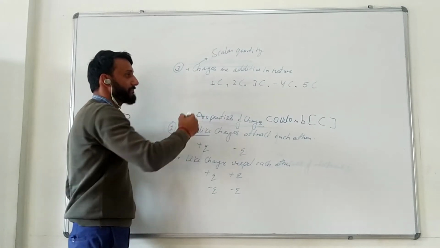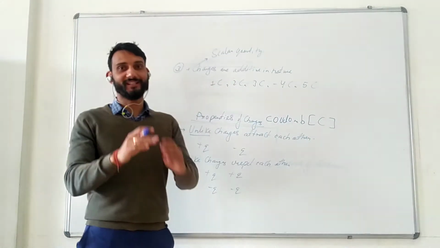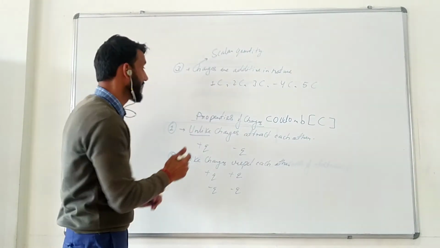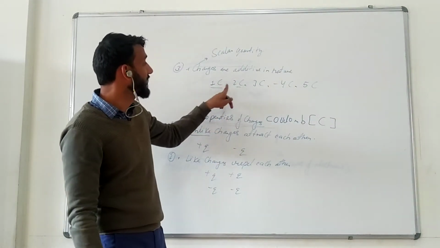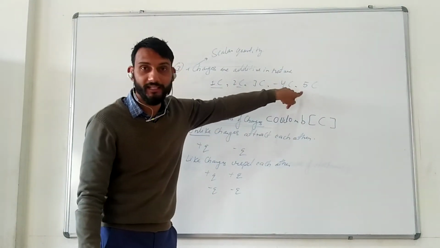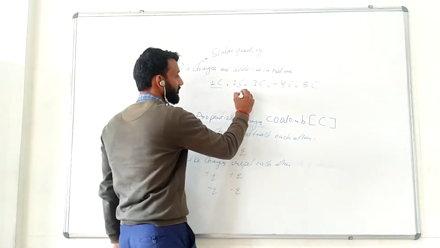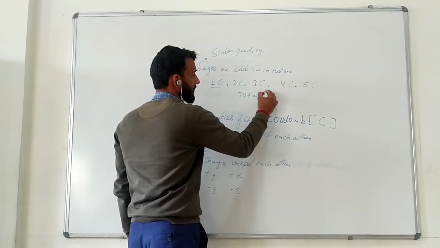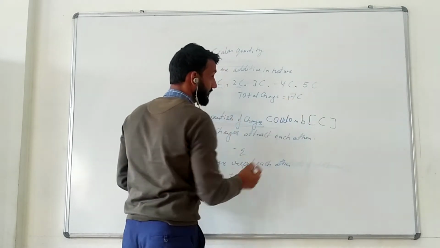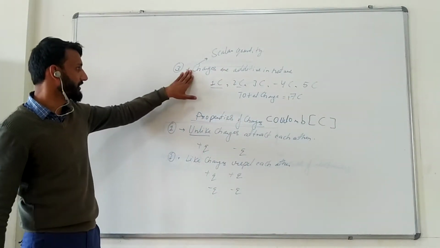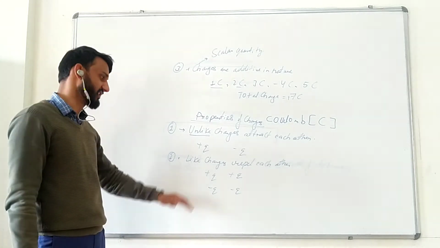If you add up all these charges to get the net charge, 1 plus 2 is 3, 6, 11, 11 minus 4, the total charge would be 7 coulomb. So charges are additive in nature.